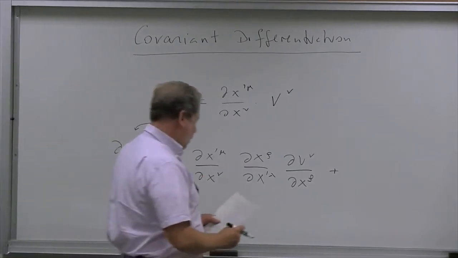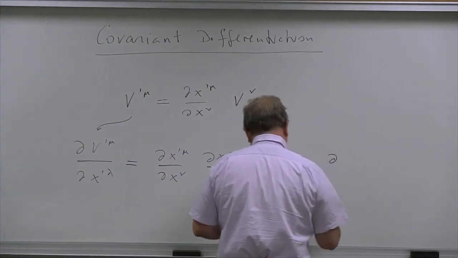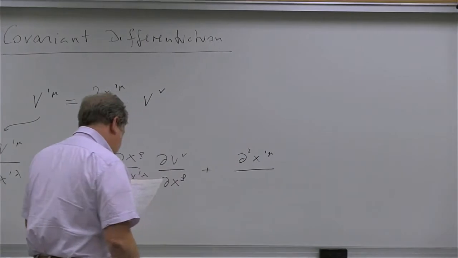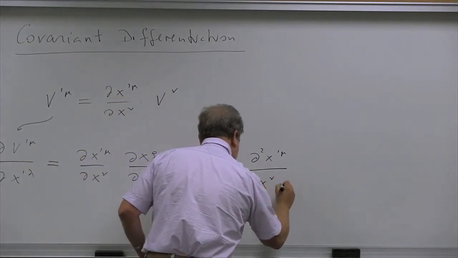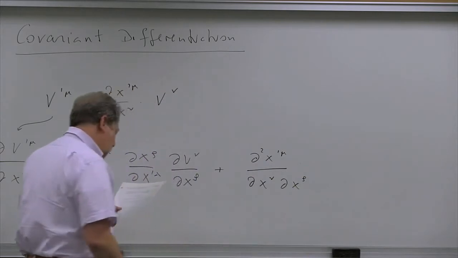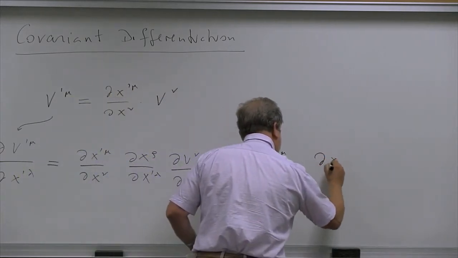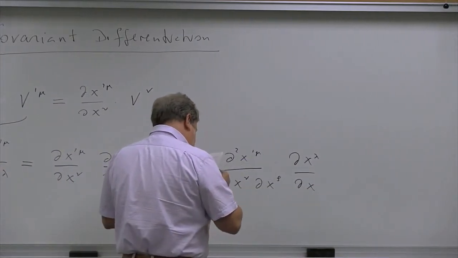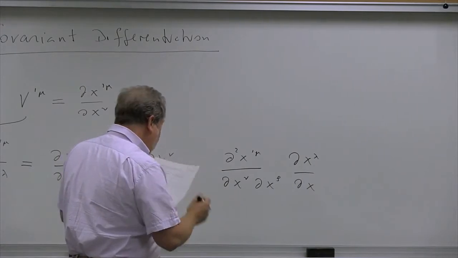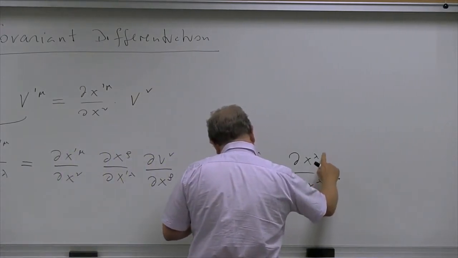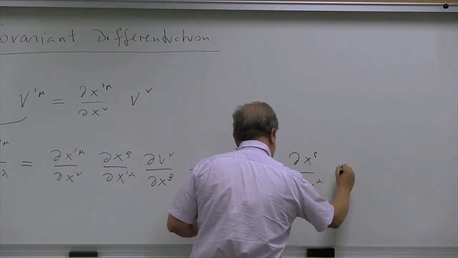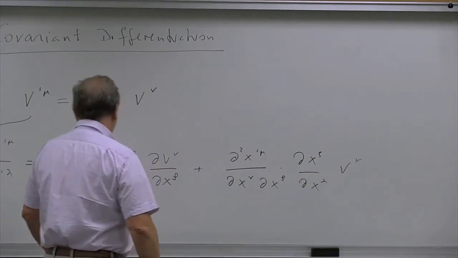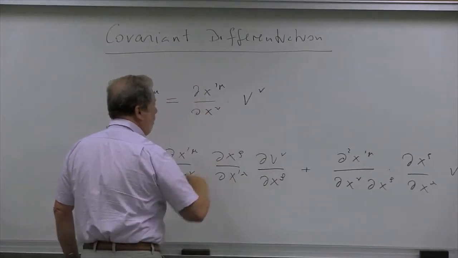And so the derivative of the prefactor is now a second derivative of x prime mu, with respect to x nu and x rho, times the derivative of x rho with respect to x prime lambda, and then times v nu. So that's the second derivative of this term here.